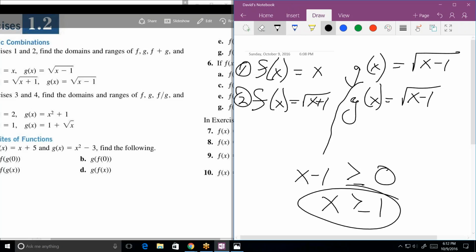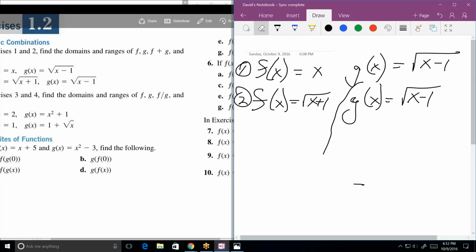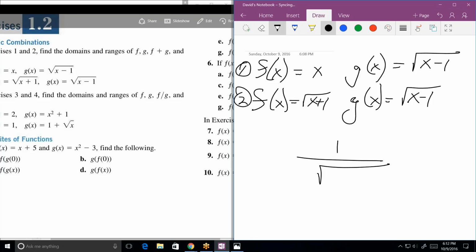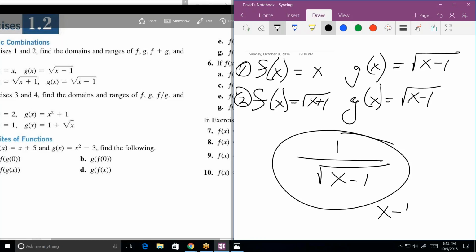There is one exception, where if you had something like 1 over the square root of x minus 1, then what's the domain of that function? What is true of x minus 1? So if I graphed it, it would be going down 1, I believe.